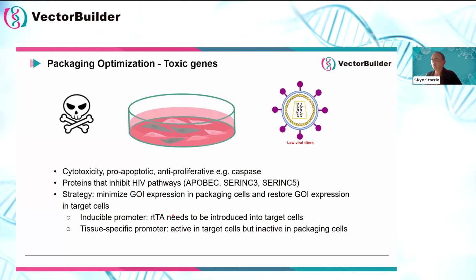Or we could use a tissue-specific promoter, where we'll only express our gene of interest when it is present in those target cells, and it will be inactive in the packaging cells, so it should not affect the packaging cells.